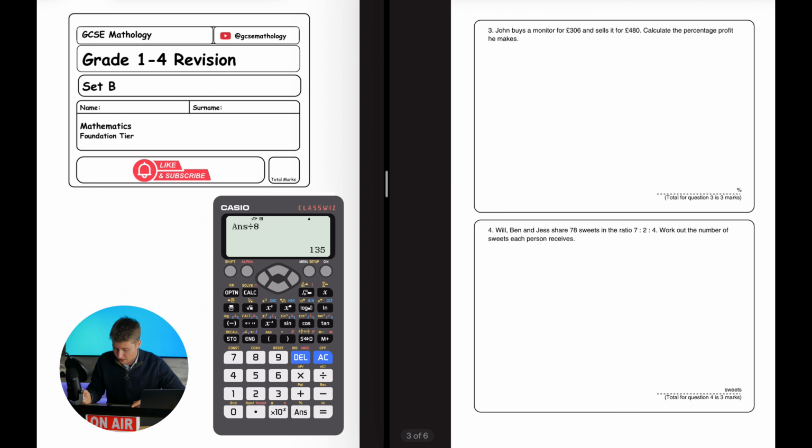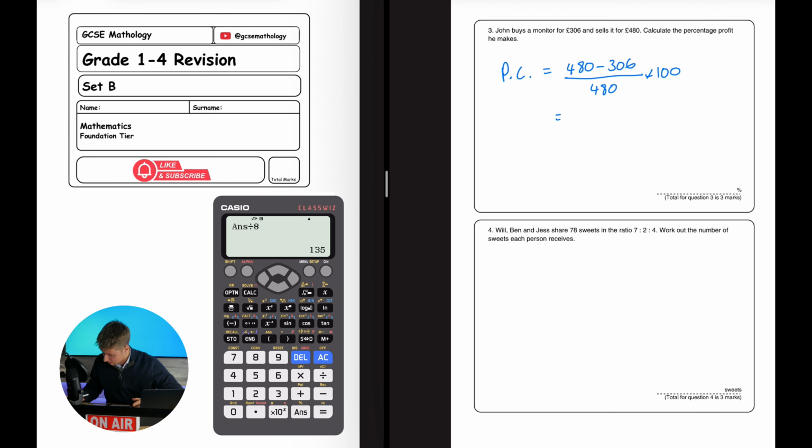Question 3 says, John buys a monitor for £306 and sells it for £480. Calculate the percentage profit he makes. So the percentage profit is just the percentage change. The percentage change formula is the price at which it was sold for, so 480, subtract how much he bought it for, which is 306, divided by how much he bought it for, times by 100.